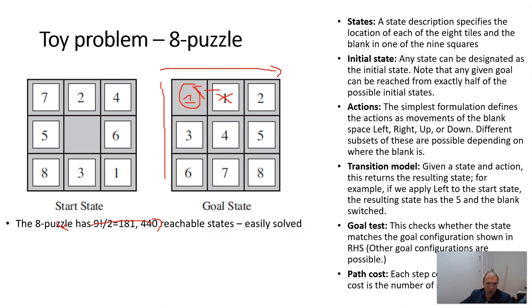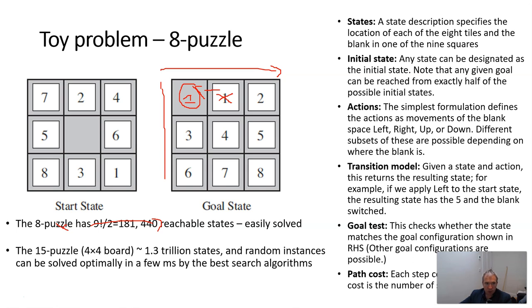The 8 puzzle has 9 factorial divided by 2 states, and it's divided by 2 because we can reach any potential state from half of the possible initial states. So it's quite easily solved because it's only 180,000 different states.